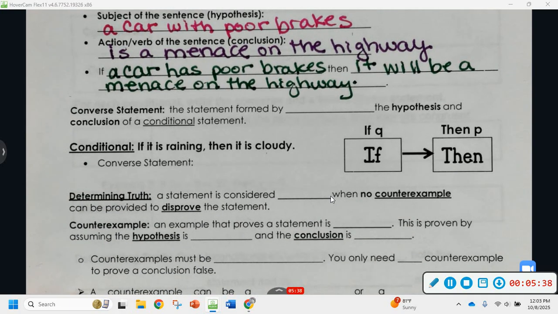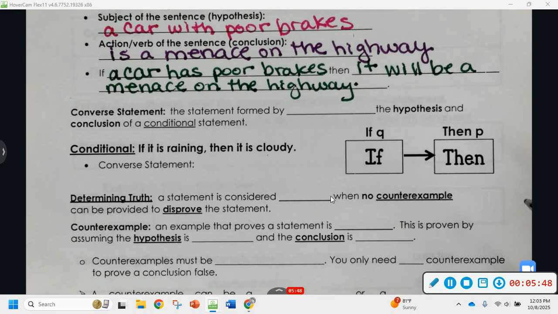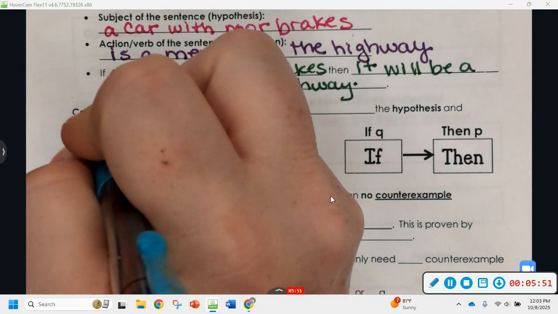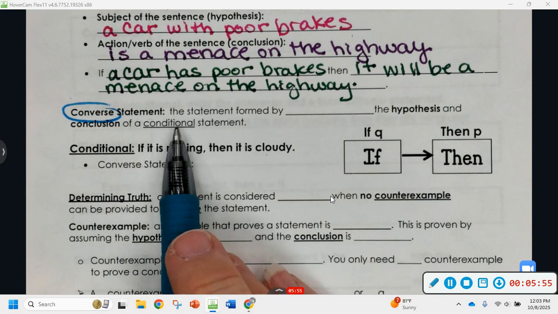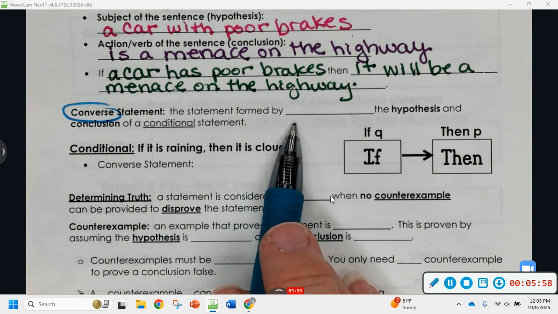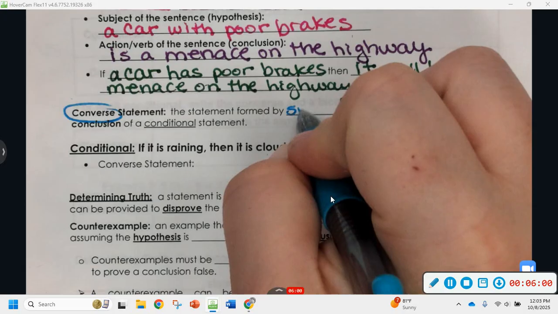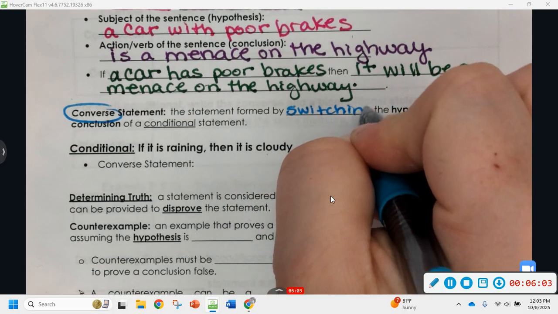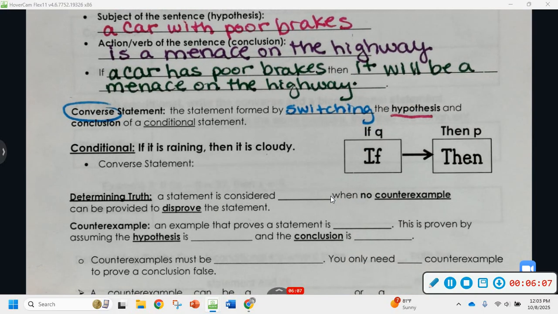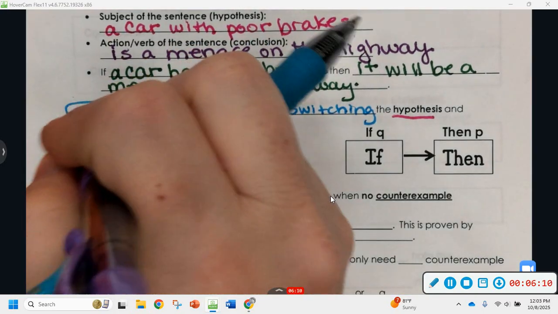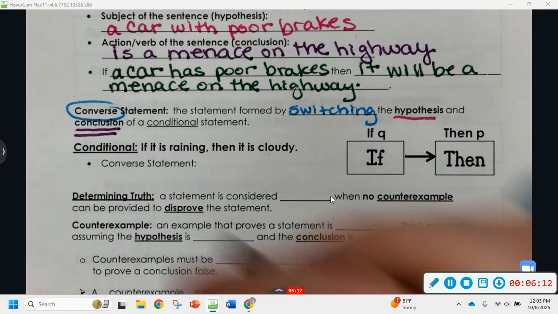So our first type of sentence we're going to do is a converse. Converse is not a prisoner's poem, but a converse is going to be formed by switching the hypothesis and the conclusion of your conditional statement.